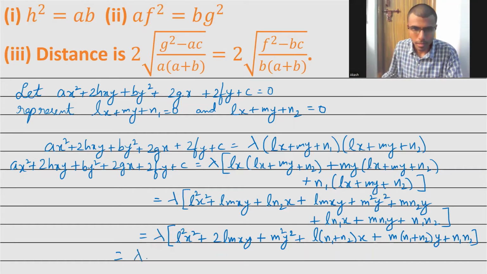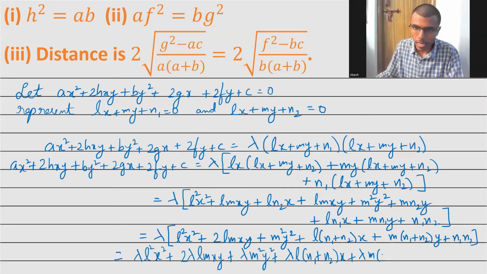So I'd get lambda L square x square plus 2 lambda lm xy plus lambda m square y square plus lambda L into n1 plus n2 x plus lambda m into n1 plus n2 y plus lambda n1 n2.